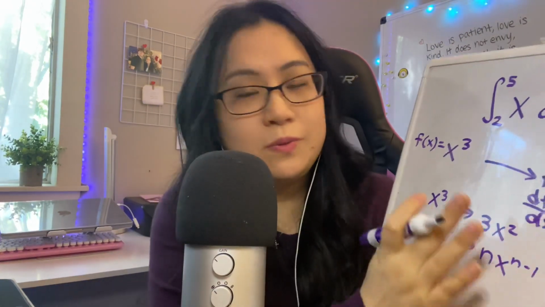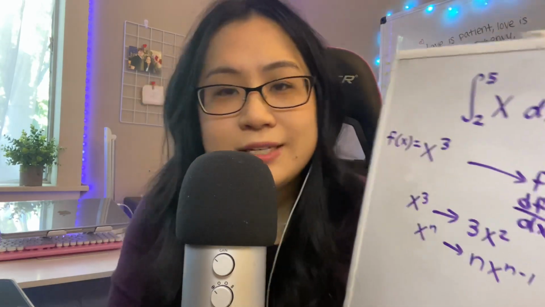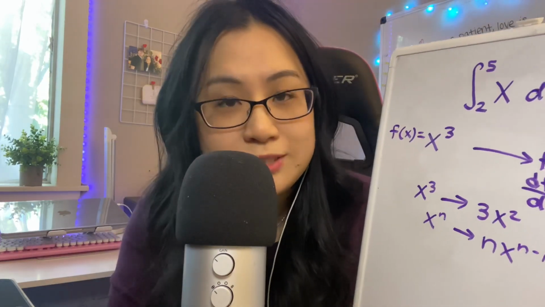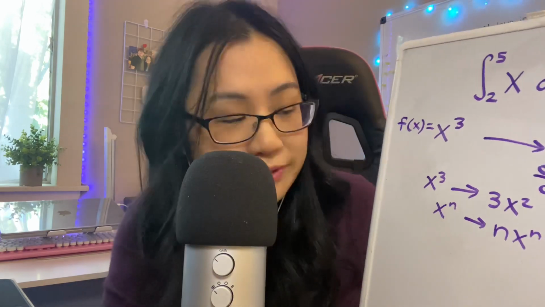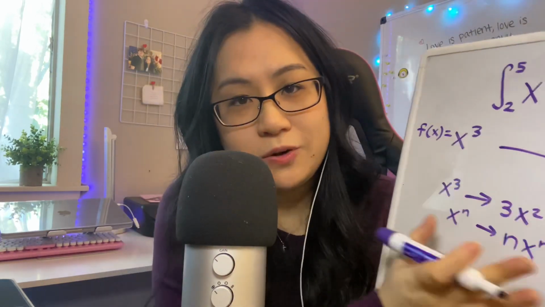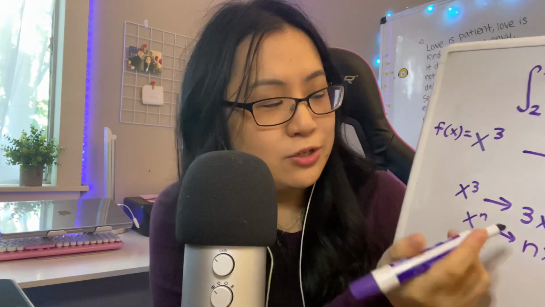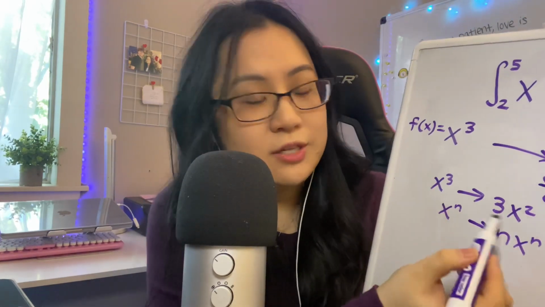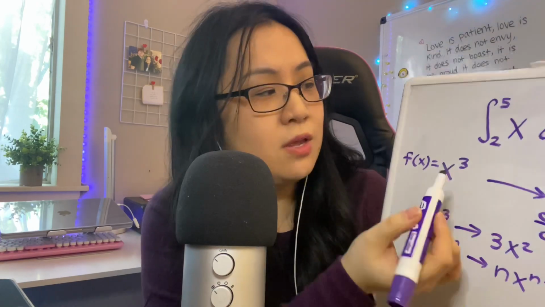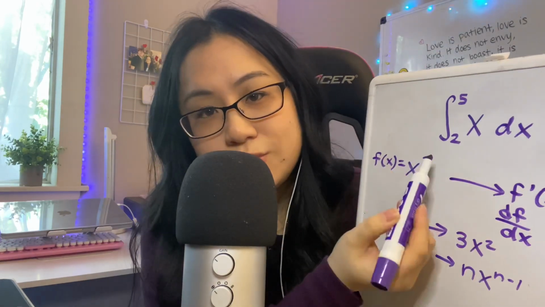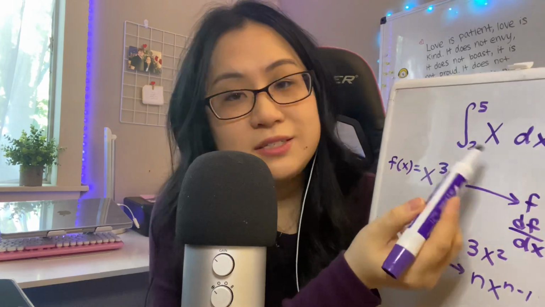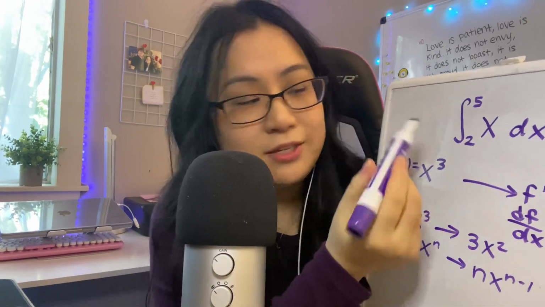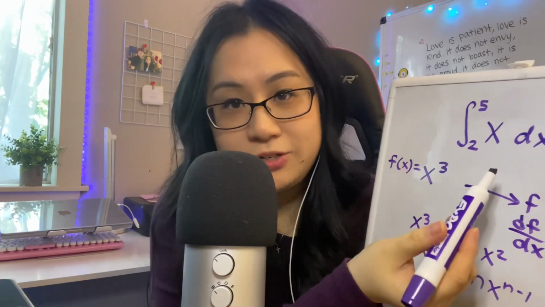And so when we consider an integral as being an antiderivative, we basically go the other way. So if the derivative of x cubed is 3x squared, when I ask for the integral of something, I'm basically thinking the derivative of what gives me this thing that I'm integrating.